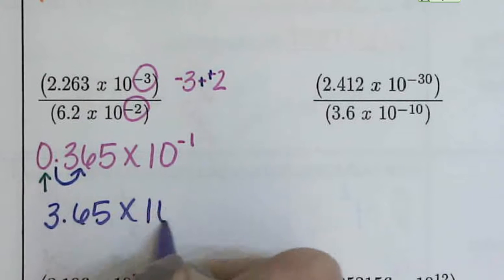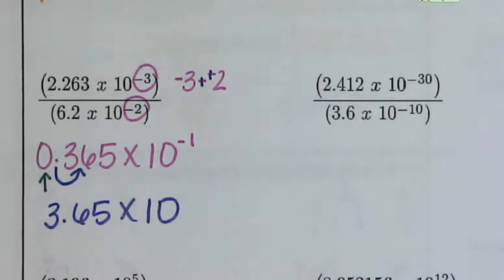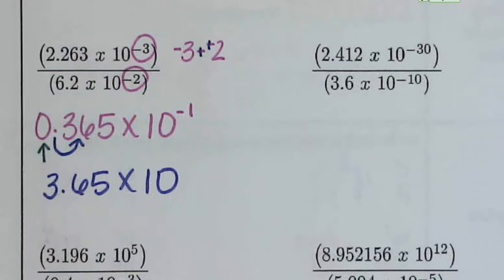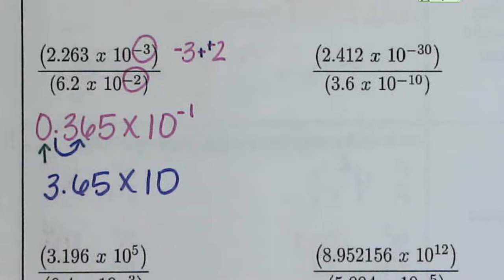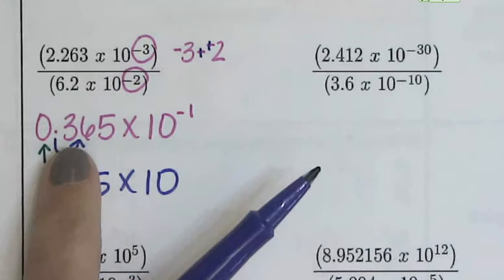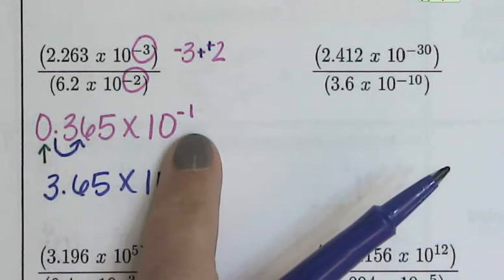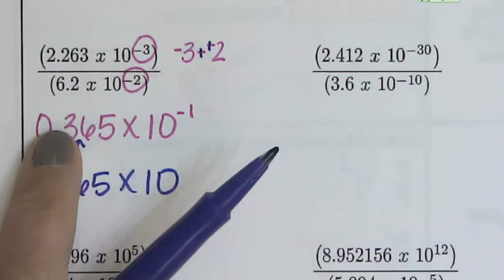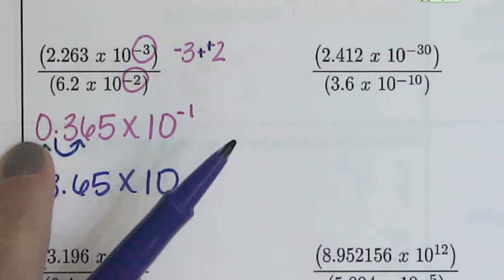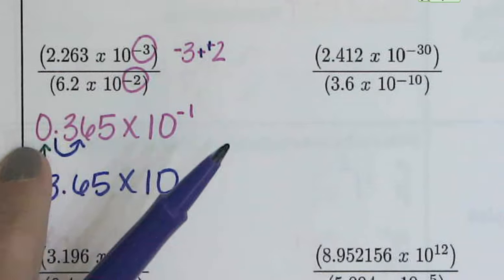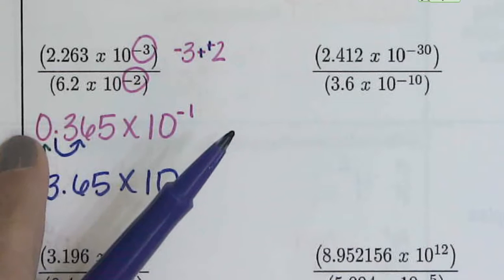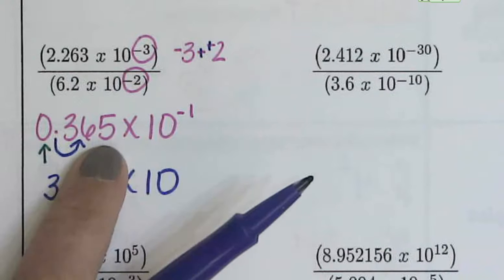That means I'm going to be subtracting 1 because I moved my decimal to the right. So that means, oops, sorry about that, that means I have negative 1 minus 1.